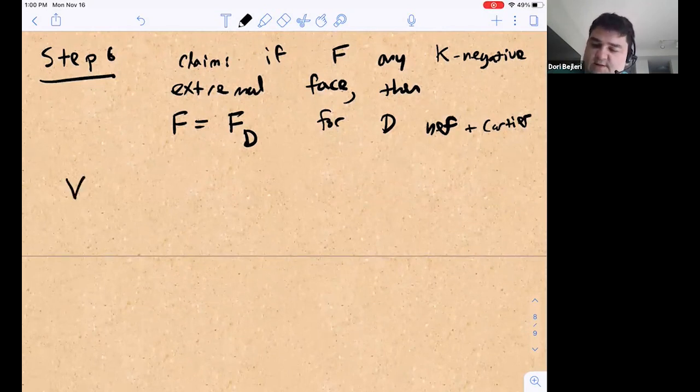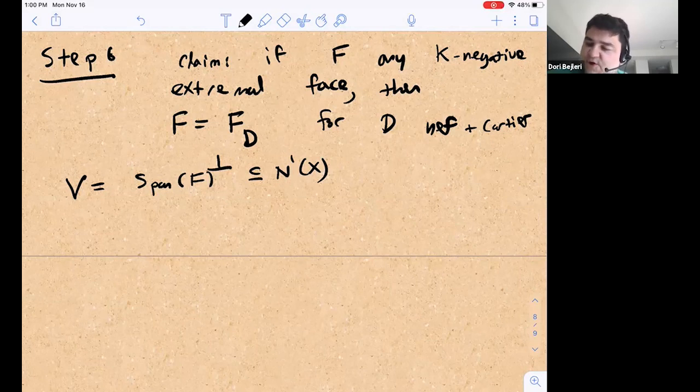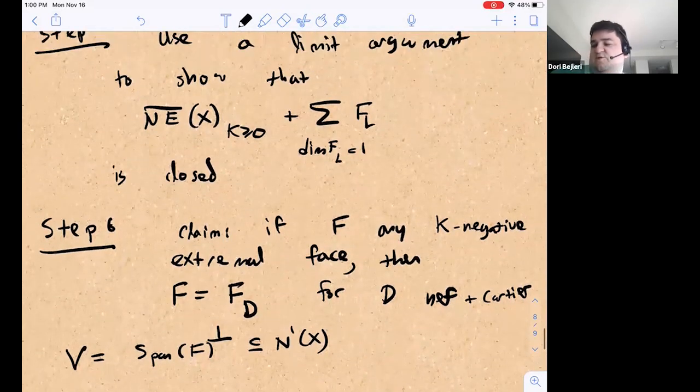Okay, so to do that, let's take V to be the vector space, the span of our face, and then perpendicular. So these are all the divisors that are 0 on the span of our face. And so from this decomposition, we know that these faces F that are on the negative side have to be rational because they have to be spanned by these F_L.